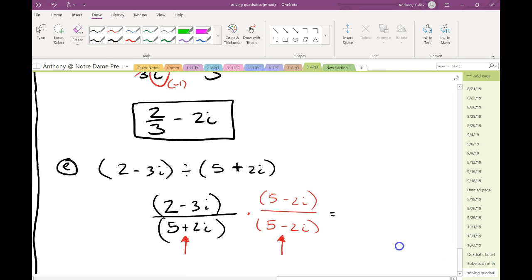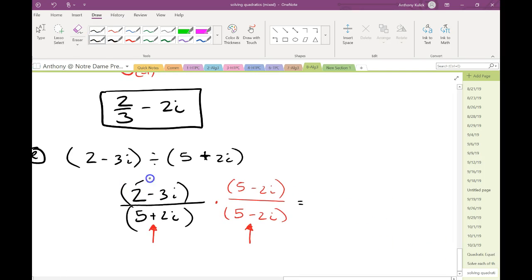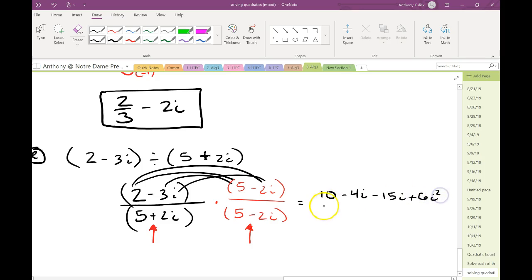So now I'm going to FOIL things out. 2 times 5 is 10. 2 times negative 2i is negative 4i. Negative 3i times 5 is negative 15i. And then negative 3i times negative 2i is positive 6i squared.